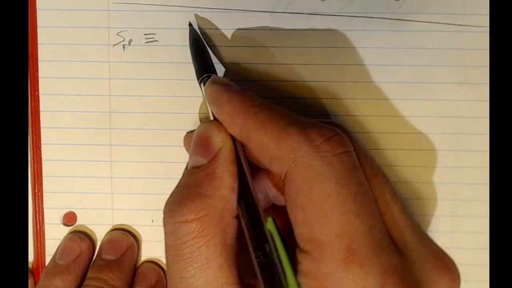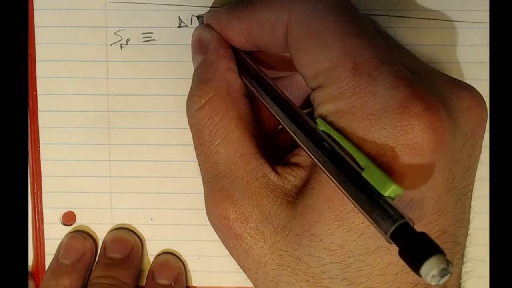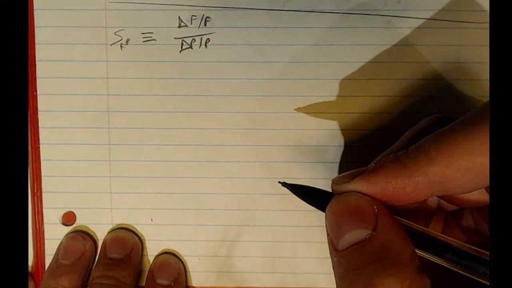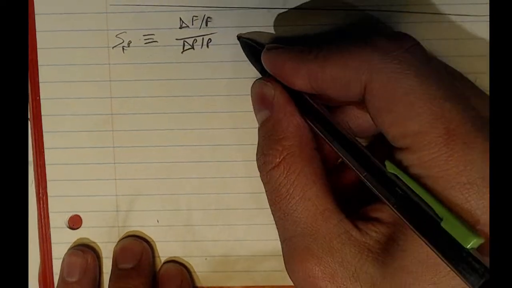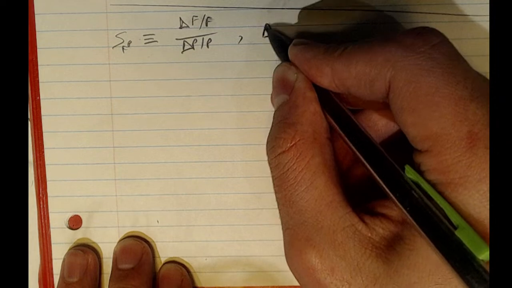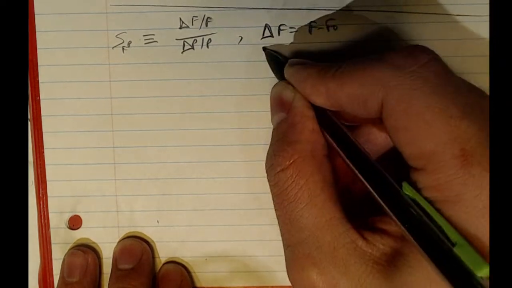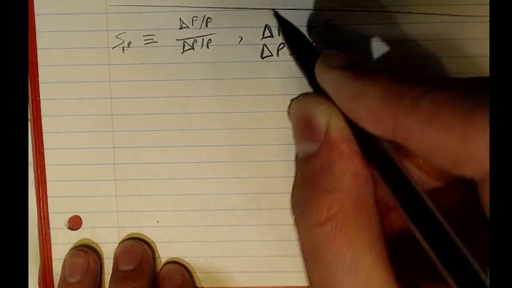S is defined as delta F over F over delta P over P. We define that delta F is equal to F minus F naught, and likewise delta P is equal to P minus P naught.